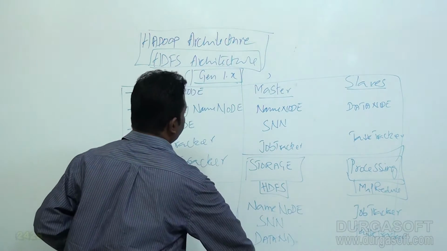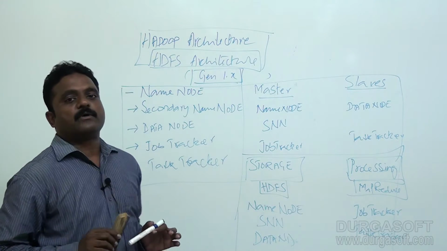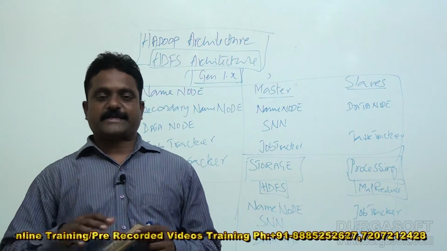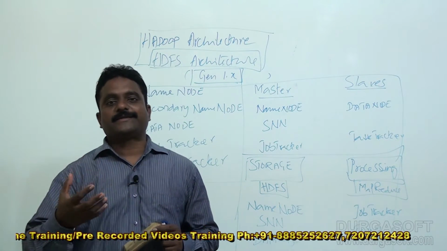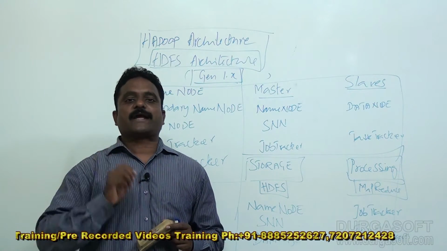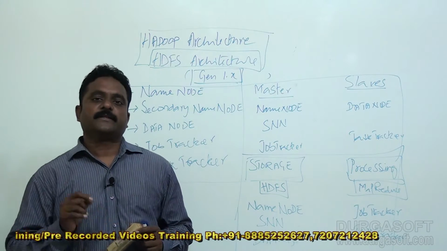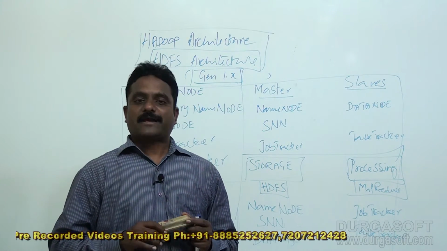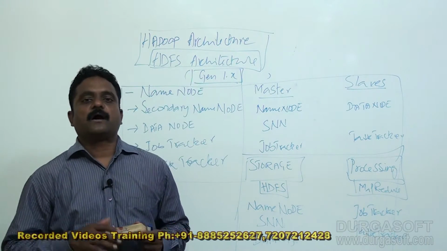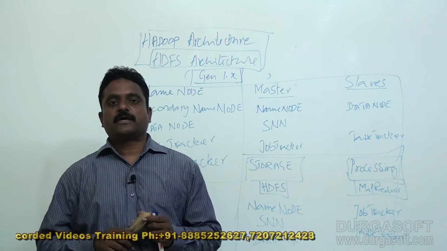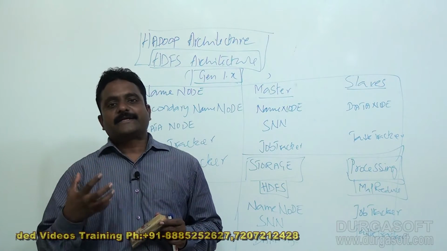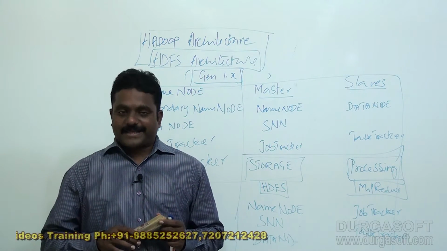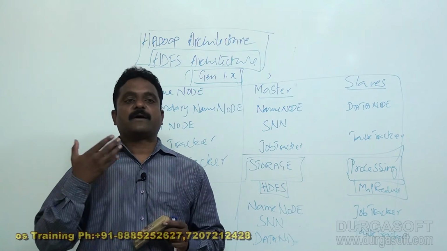Here we would be thoroughly looking at what is a name node, what is a secondary name node, what is a data node, and how you can read or write data on a cluster. In the earlier sessions, we have seen a concept called rack awareness: if a client wants to read or write data, what are the things that have to be taken care of by the client or by the master node.